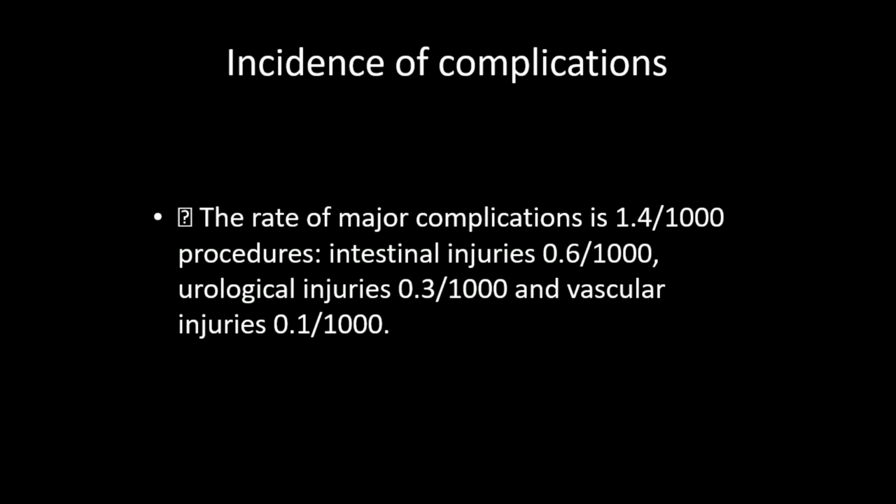Including the most common injury, intestinal or bowel injuries during insertion of trocars. Urological injuries, either ureteric or bladder injury, account for about 0.3 in 1,000, and vascular injuries 0.1 in 1,000. This is according to the Clinical Governance Consent Advice Guideline.